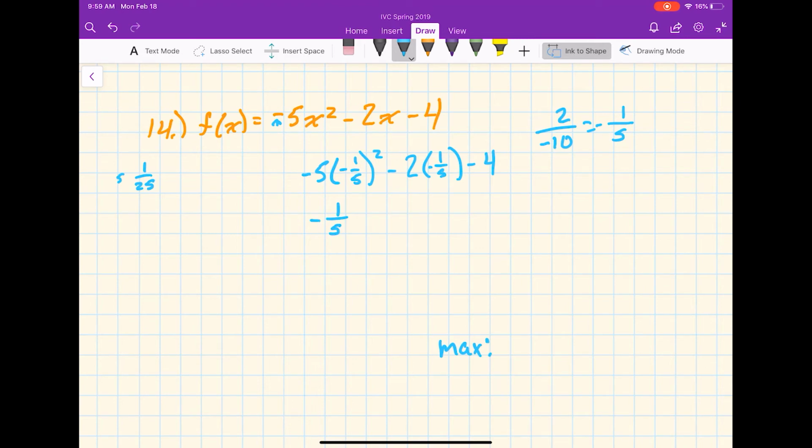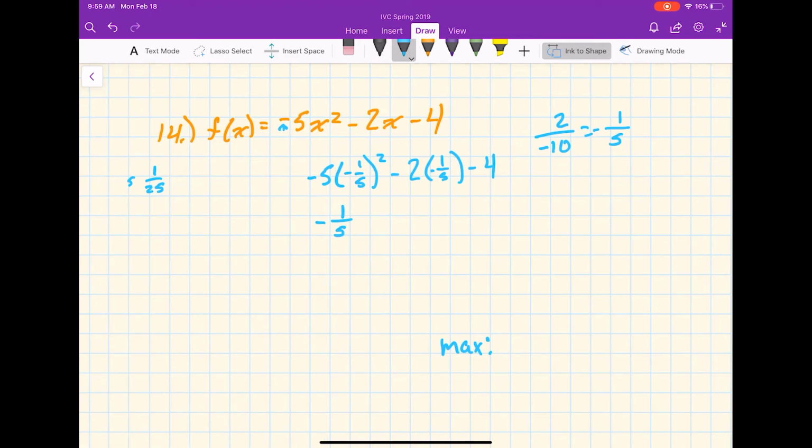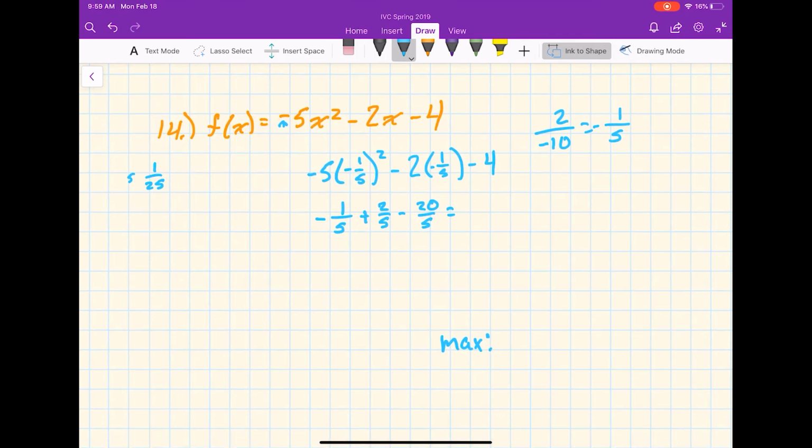That's 5 over 25. It's going to get us back to 1/5. But it's going to be negative. Minus, actually it's going to be plus, because negative 2 times negative 1/5 is going to give us 2/5, positive 2/5, minus 20 over 5. So we're going to have negative 1 plus 2, so that's 1, minus 20, negative 19. So here we're going to have negative 19 over 5.